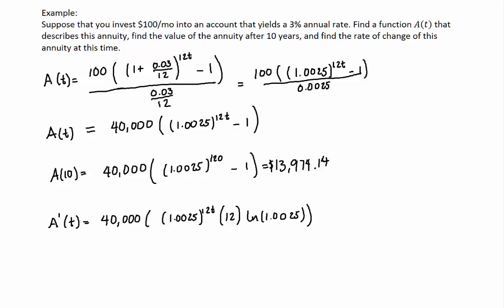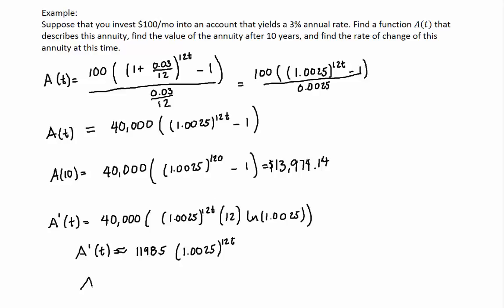So let's calculate what all these numbers multiply to, and let's write it approximately equal to, if you want. When I multiply the 40,000 times 12 times the natural log of 1.0025, I get 1198.5, and I still have to multiply times this.